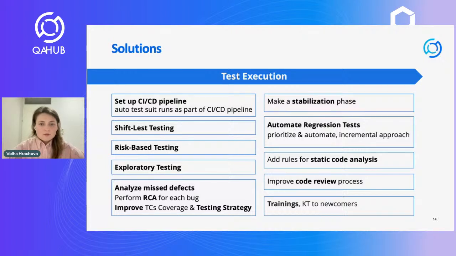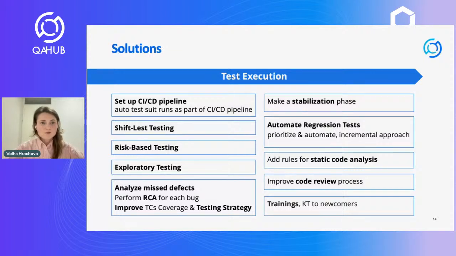And also, we should consider trainings, knowledge transfer sessions for newcomers, and maybe a mentoring buddy to improve the skill set level of the team members and achieve a certain level of productivity. Those were the solutions for the test execution stage.